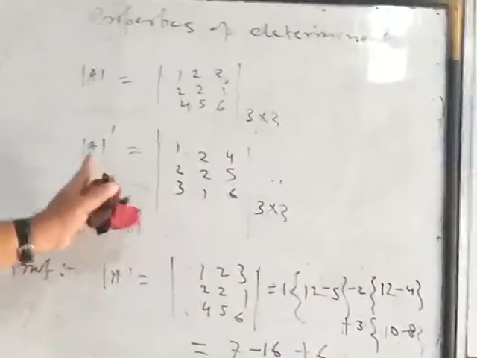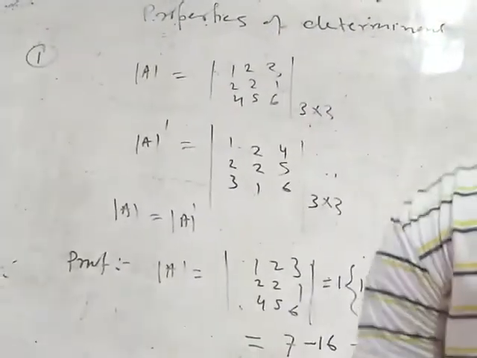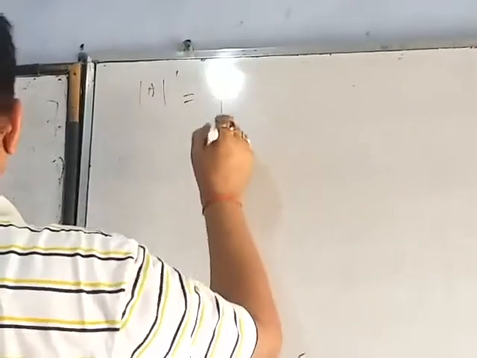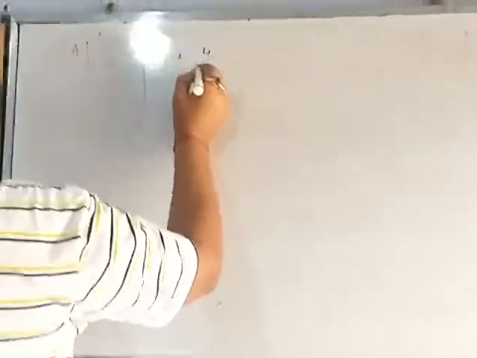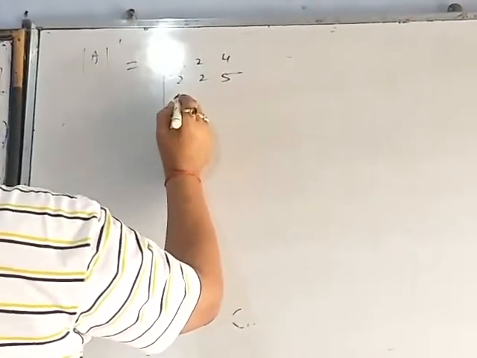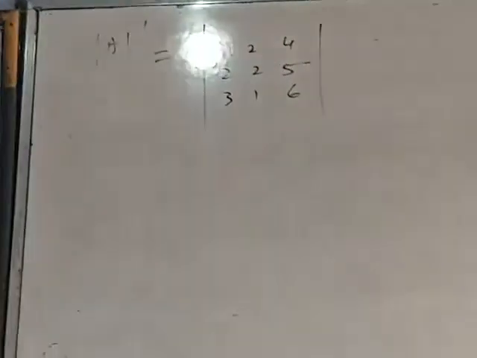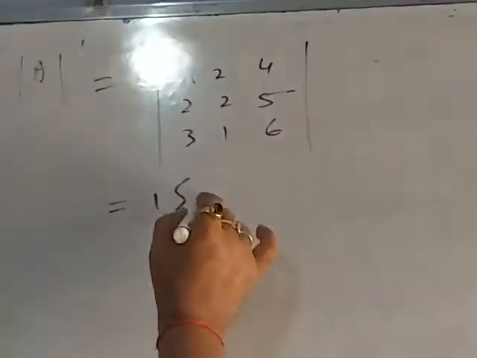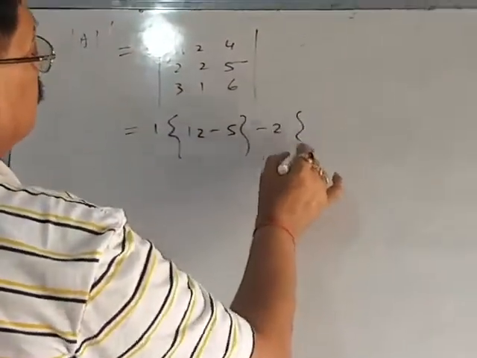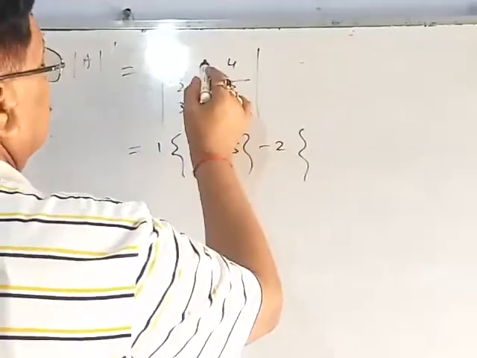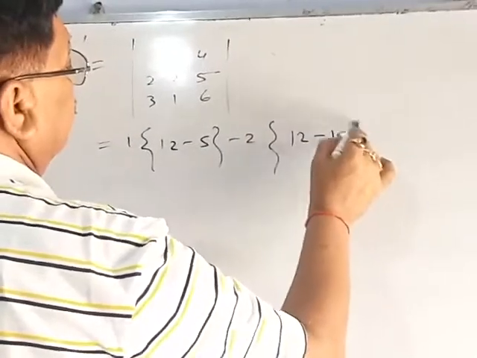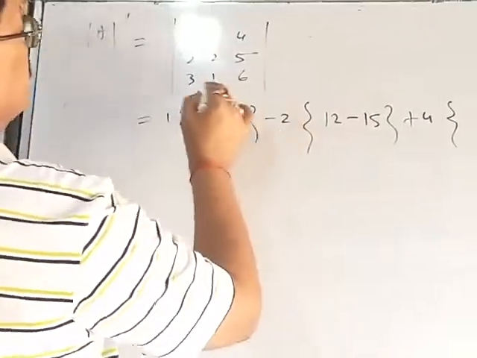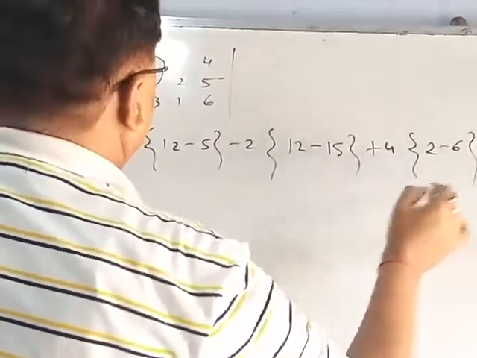Now we find the value of the transpose of this determinant: 1, 2, 4, 2, 2, 5, 3, 1, 6. Evaluate this. 1 times 12 minus 5, minus 2 times 12 minus 15, and plus 4 times 2 minus 6.